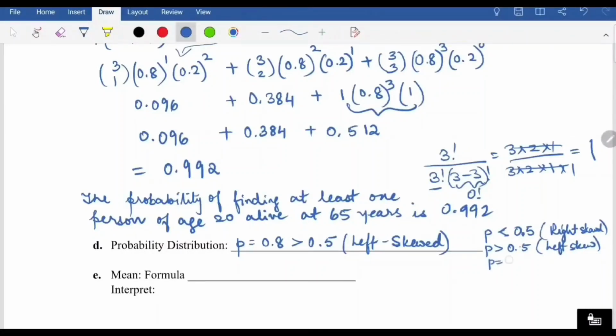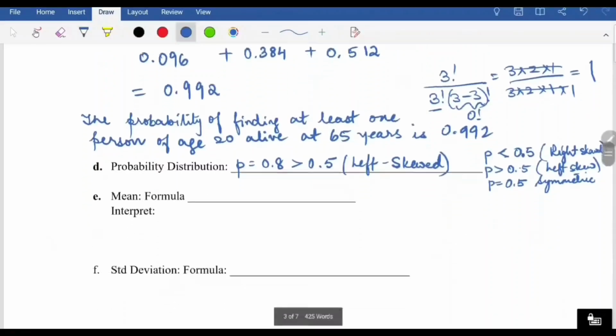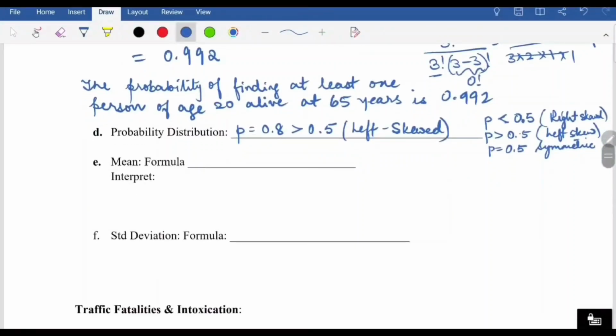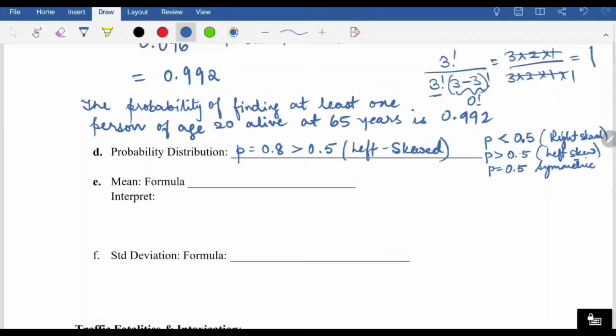And if p is equal to 0.5, it's going to be symmetric. So you have to remember these rules to answer this question on distribution. Next, it asks you to find the mean. The formula for the mean is extremely easy for binomial probabilities. It's n times p. n, the total number of trials, p, the success probability.